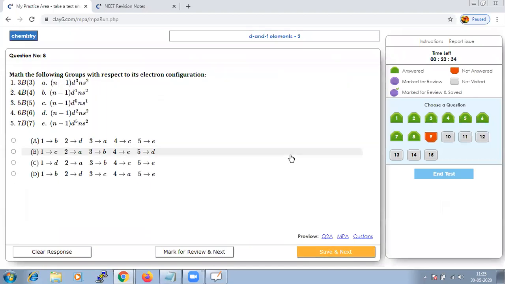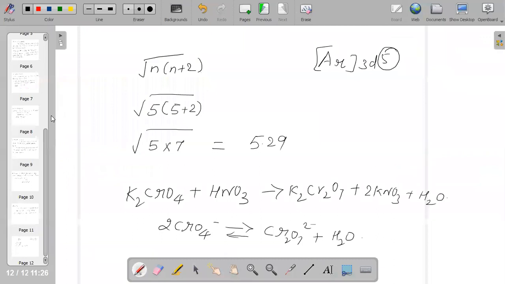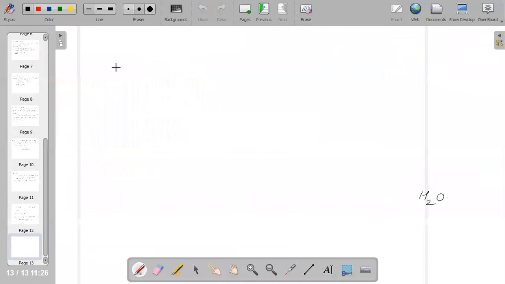Match the following groups with respect to the electronic configuration. It is very simple. If you look at the electronic configuration, in the transition metals, the d orbitals are being filled in, and the elements in general will have the electronic configuration as (n-1)d 1 to 10 ns2.